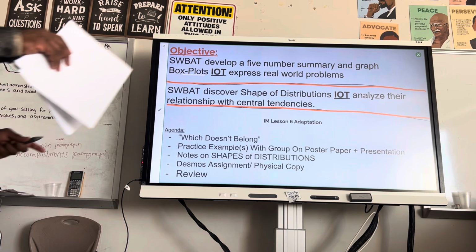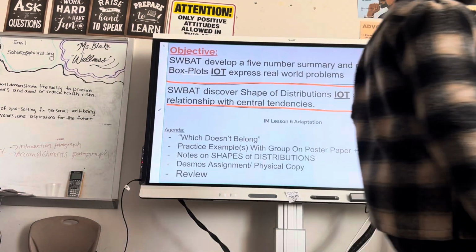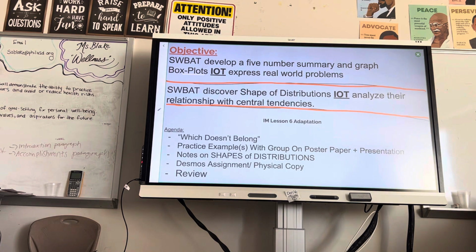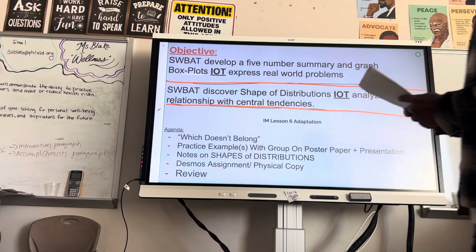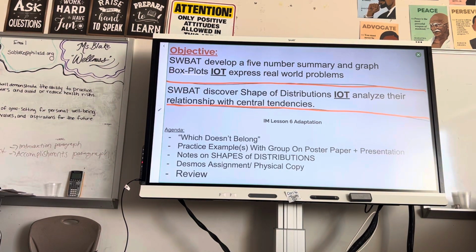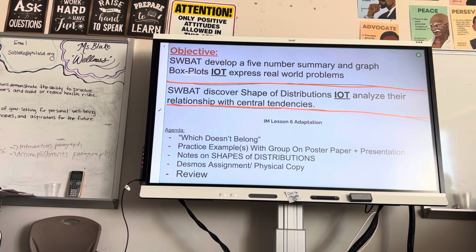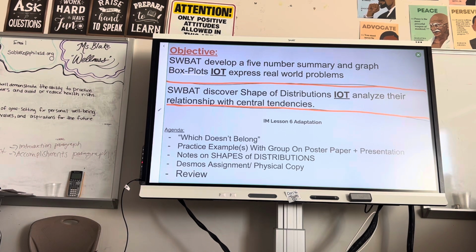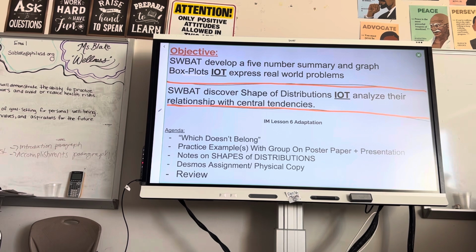Now, before we even begin to move on, I want to ask y'all some stuff. What are some shapes of those data sets that you had earlier that you remember right now? Say some shapes. Describe some of those descriptions. I want y'all to say the words out loud. You said what? A bell shape. Well done. What's that S word I said earlier? When the data gets skinny towards the end.